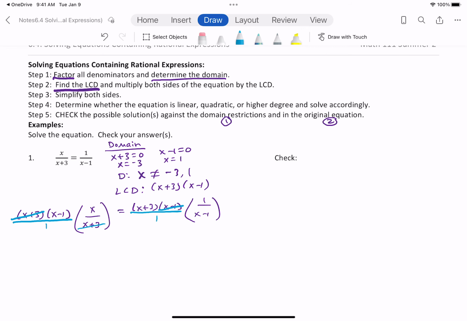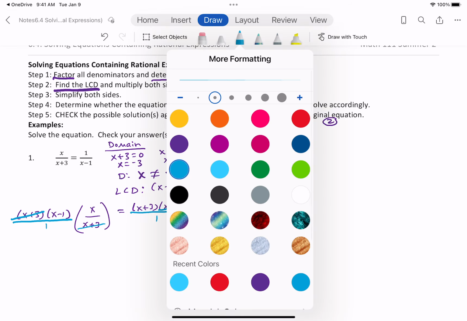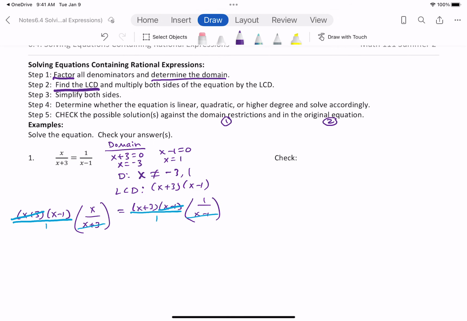I have an x minus 1 in the numerator and an x minus 1 in the denominator. So those can cancel. So what I'm left with on the left hand side is x times x minus 1. And on the right hand side, I have 1 times x plus 3, which is just x plus 3.